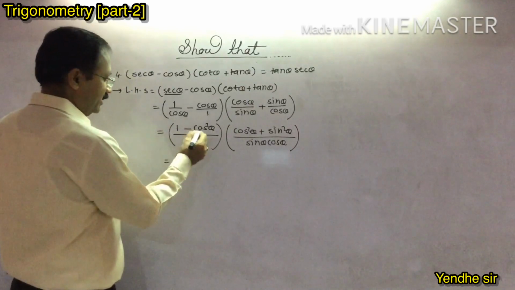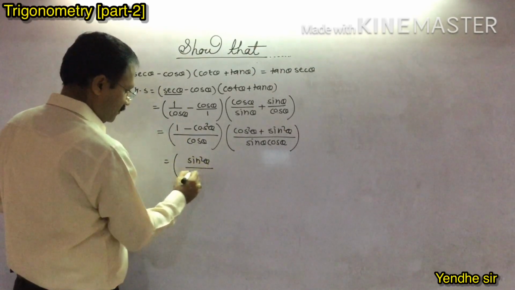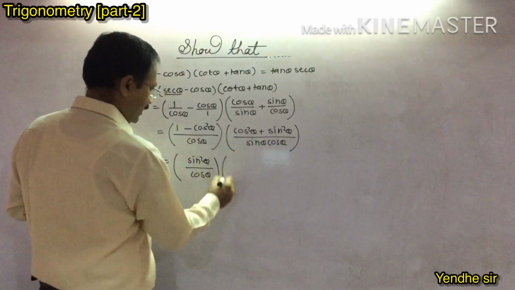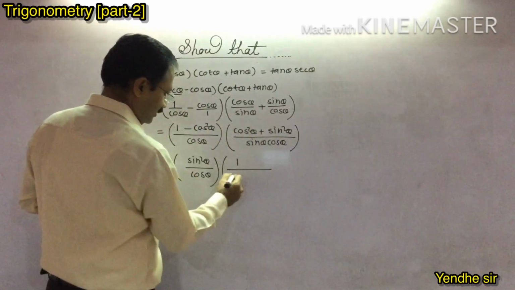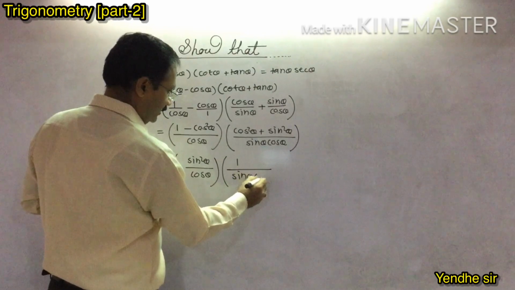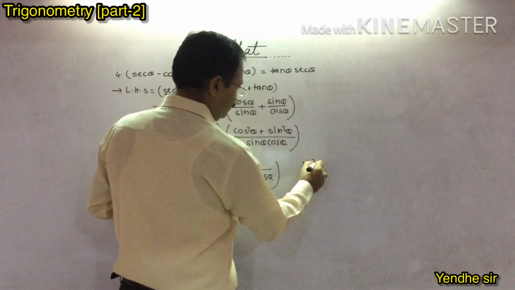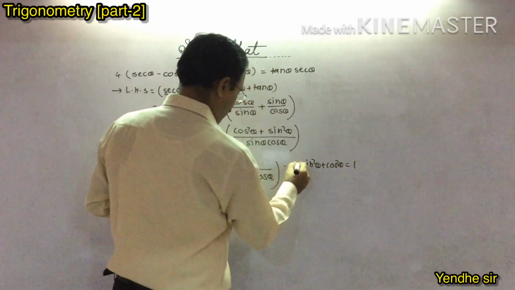Here 1 minus cos square theta will be sin square theta upon cos theta as it is. Okay, and cos square theta plus sin square theta is 1 upon sin theta cos theta. And here you have to give the reason: sin square theta plus cos square theta equals 1.